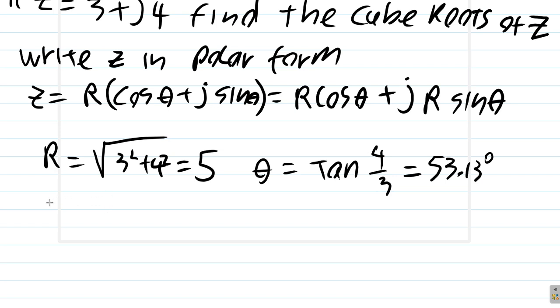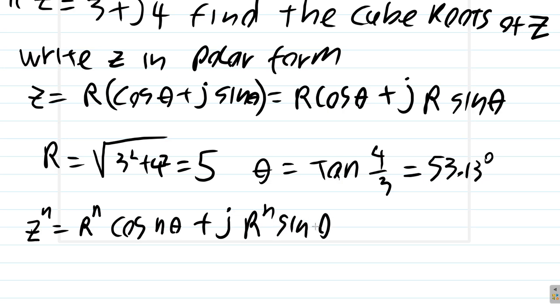Now, what De Moivre's theorem says is that z to the power of n is r to the n cos n theta plus j r to the n sine n theta. We're just using it in this expanded form rather than the bracket form, but it doesn't matter which one you use. The bracket one is neater and compact, but sometimes I like using the form without the brackets.